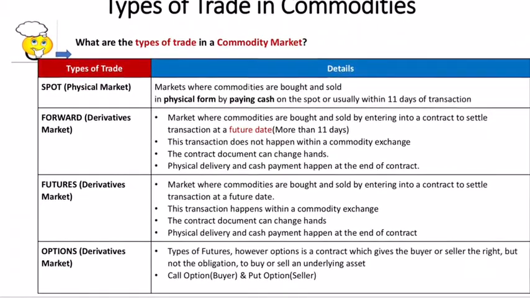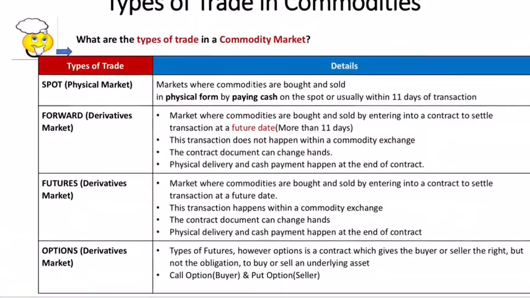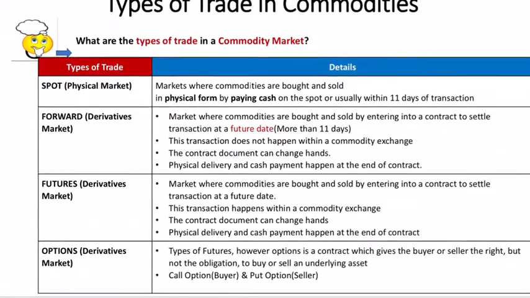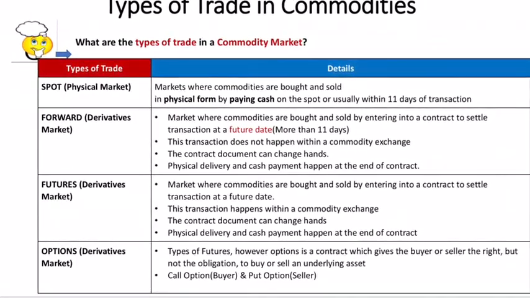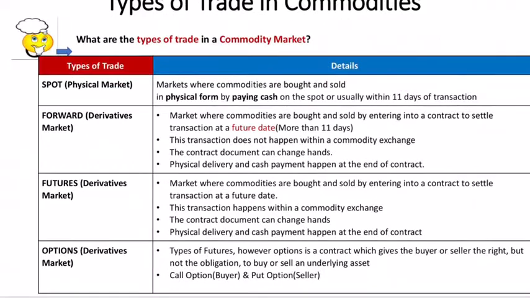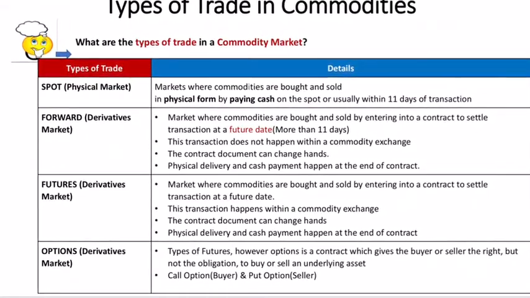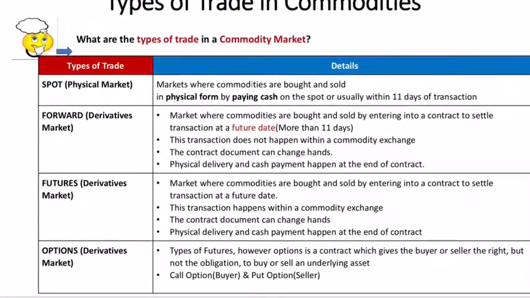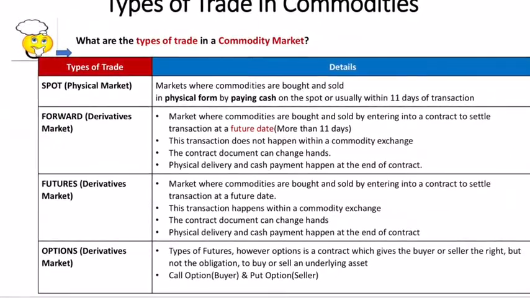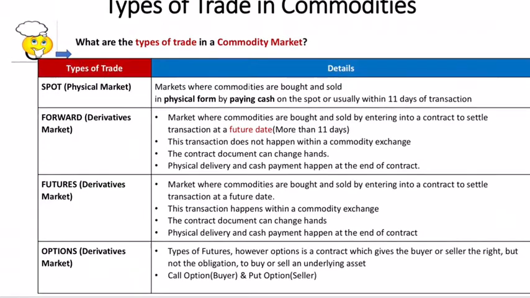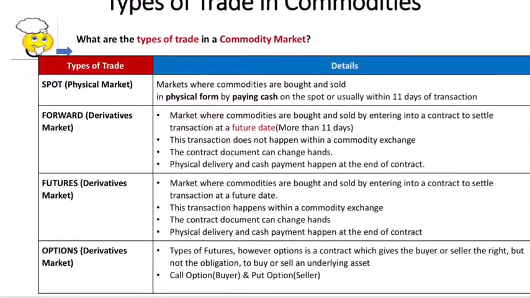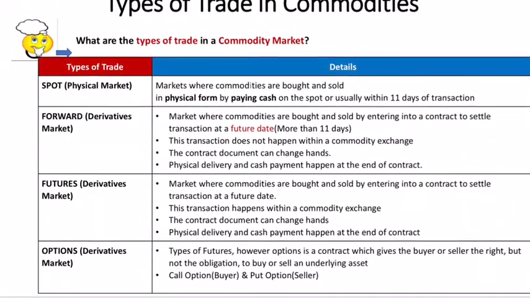There's a formal contract that is entered into, which is to be executed at some point in the future. But this doesn't happen within the purview of an exchange. So there is no monitoring done by an exchange, and the contract can be customized between the buyer and the seller.